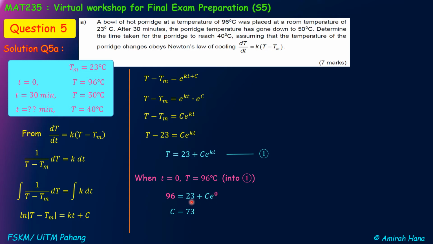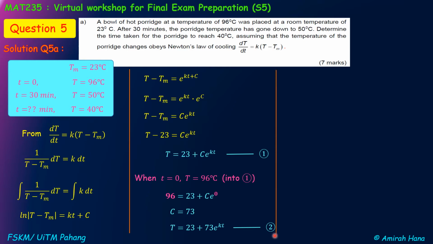We move 23 to the left-hand side, so 96 minus 23 equals 73. So C equals 73, and we name this equation 2.